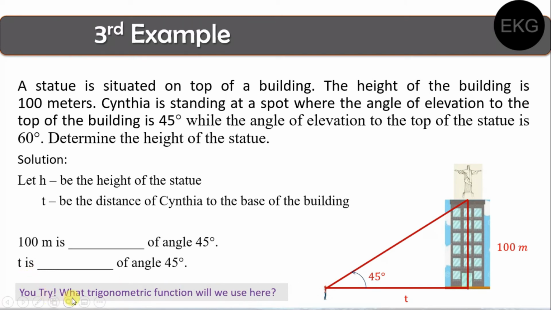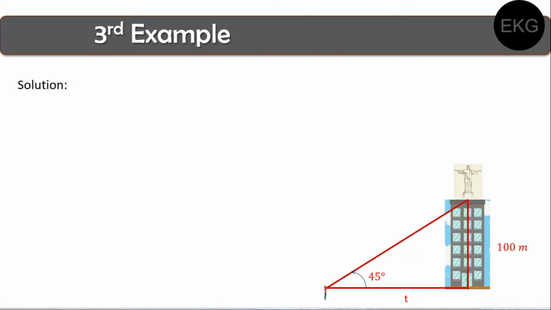So, you try. What trigonometric function will we use here? Of the six trigonometric function values, which is the most applicable? For the solution, again, you fill this up. The numerator will be 100 meters, and the denominator is over t.